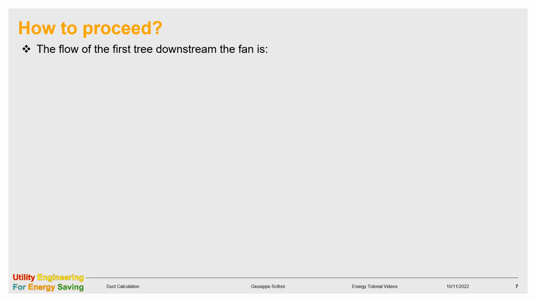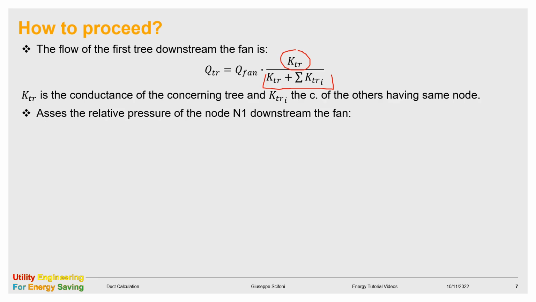The flow of the first tree downstream of the fan is Q of the fan times the ratio between the conductance of the tree and the sum of the conductance of the tree plus the one of the branches with the same node. We assess the relative pressure of the node N1 downstream of the fan by means of this formula, R1 times Q fan squared, where R1 is the resistance of the duct between the fan and the first node.